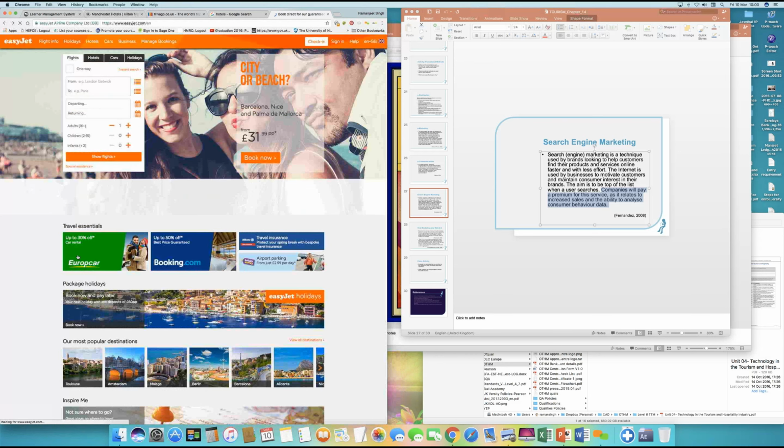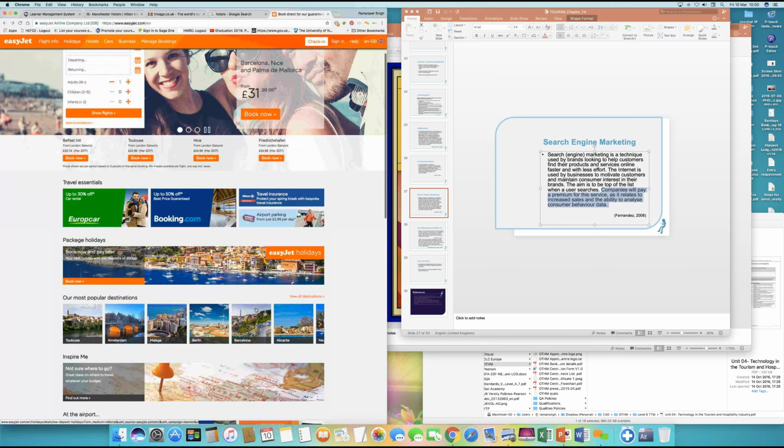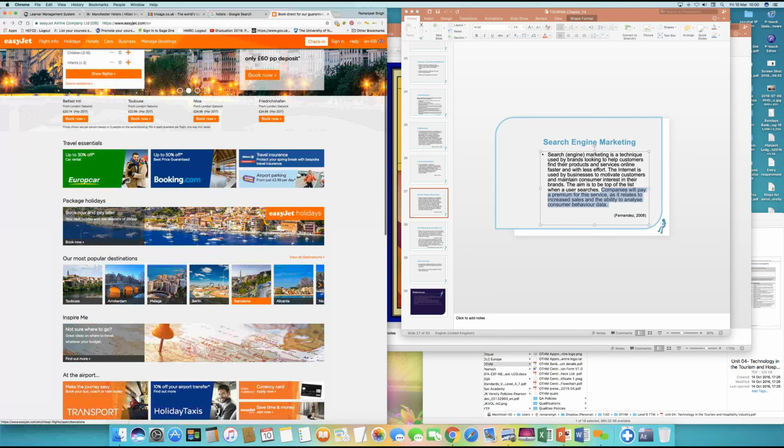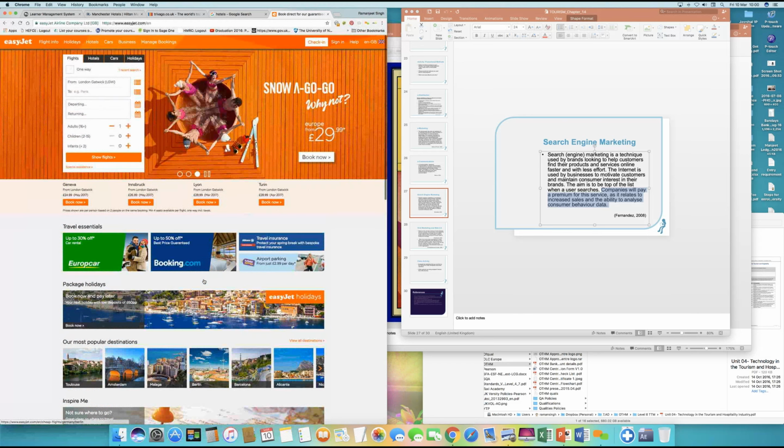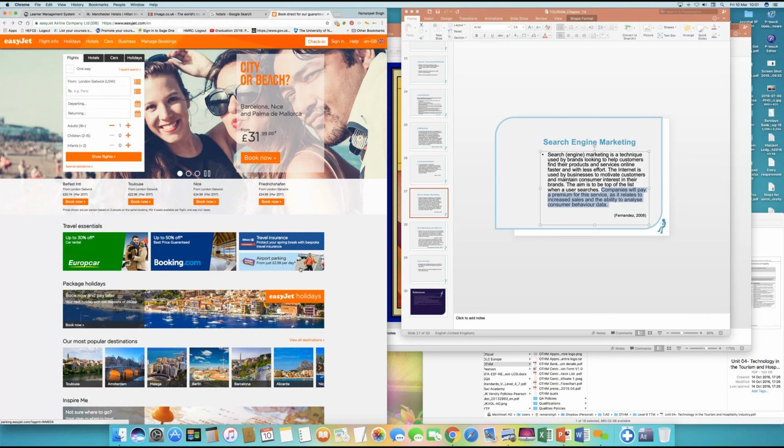You can look at cars, you can also go to booking.com, you can look at EasyJet Holidays, and it gives you associated sites wherein you could also look at those destinations and holidays. Do you see that?